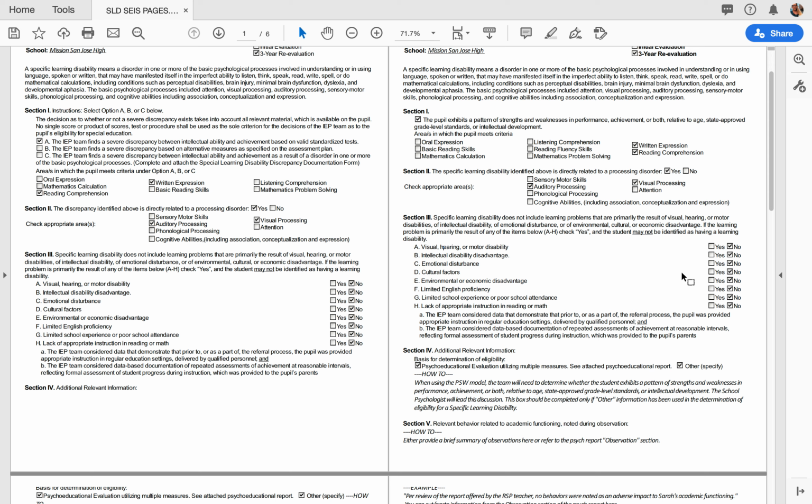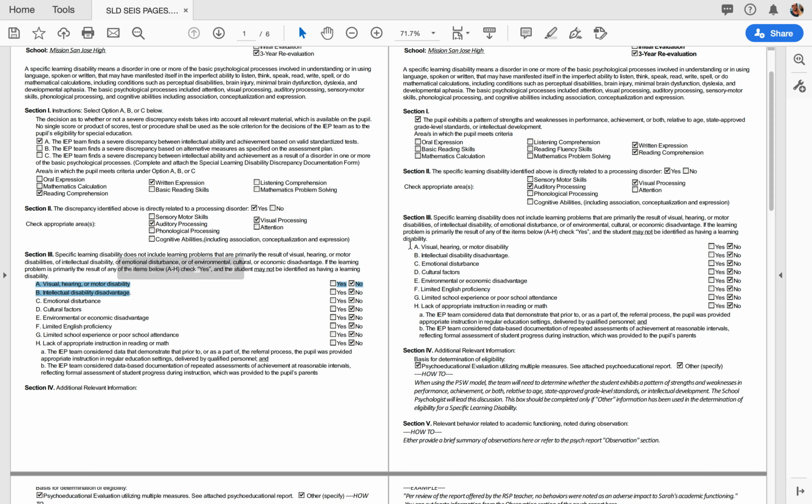In addition, points A and B in section 3 attest to the fact that the student was provided with appropriate instruction in general ed delivered by qualified personnel, and that classroom data was reviewed and progress was reported to the student's parents.